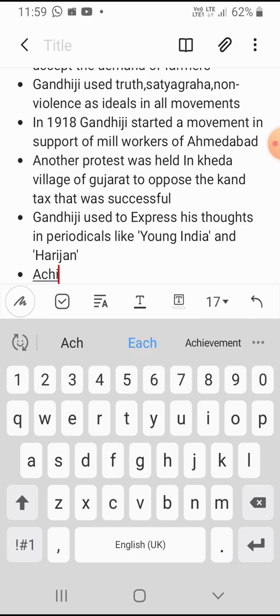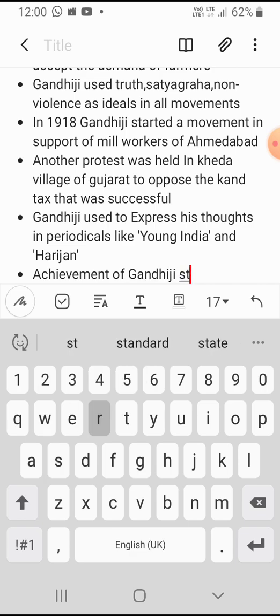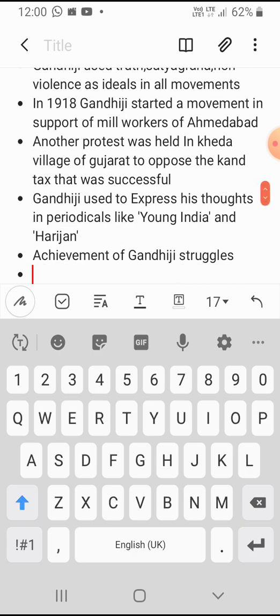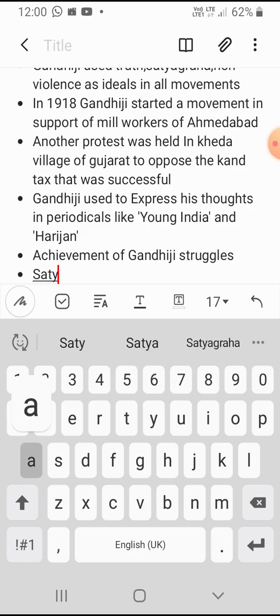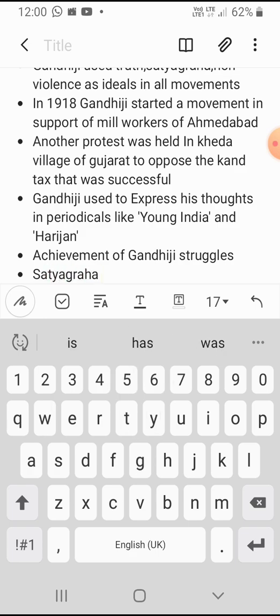Achievements of Gandhiji's freedom struggle. Let's know about the first Satyagraha.